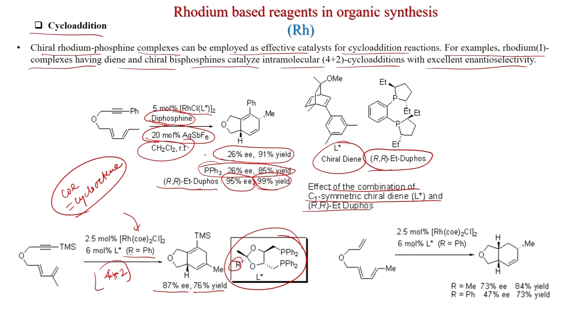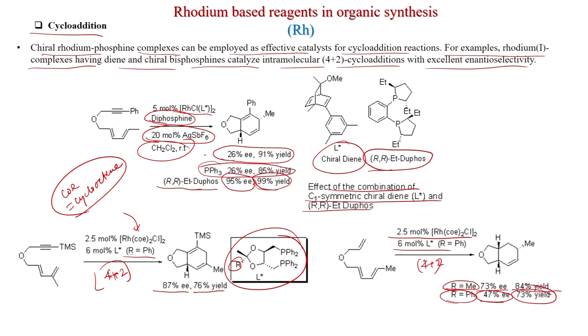Here also the same catalyst: 2.5 mole % rhodium cyclooctene Cl, 6 mole % L star, R equal to Ph, in that case you get the cyclization product 4+2, and when R is equal to methyl, then you get 73% ee, 84% yield. On the other hand, R equal to Ph, in that case you get 47% ee, 73% yield. So, what does it mean?